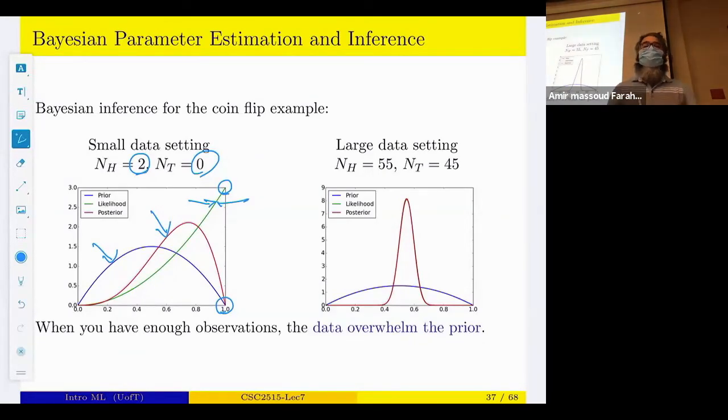This is essentially a distribution over all possible thetas. Bayesian inference doesn't say which theta is the correct theta. It says, for each possible theta, what is the probability of that being the true value. You see that the probability is concentrated around here, but even for small values, we have some non-zero probability.